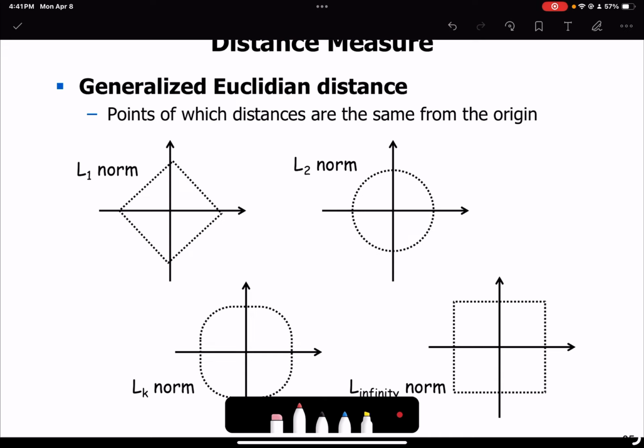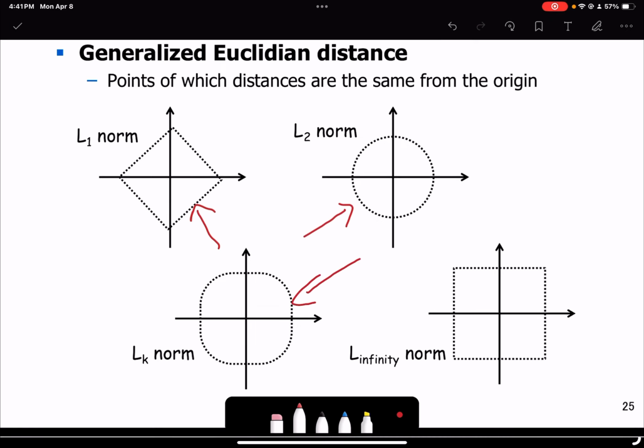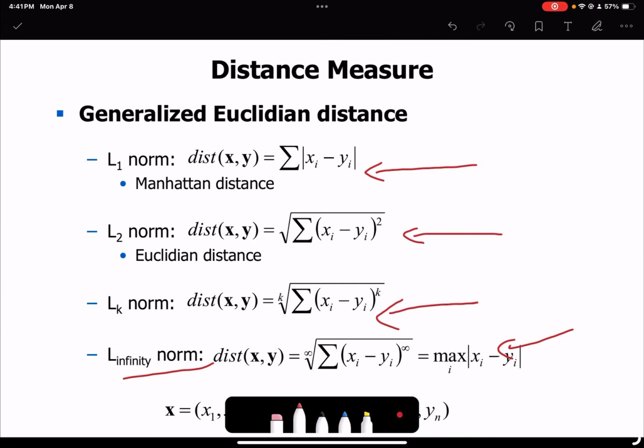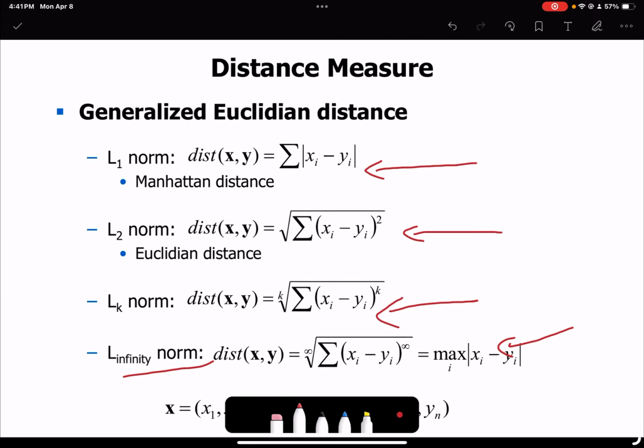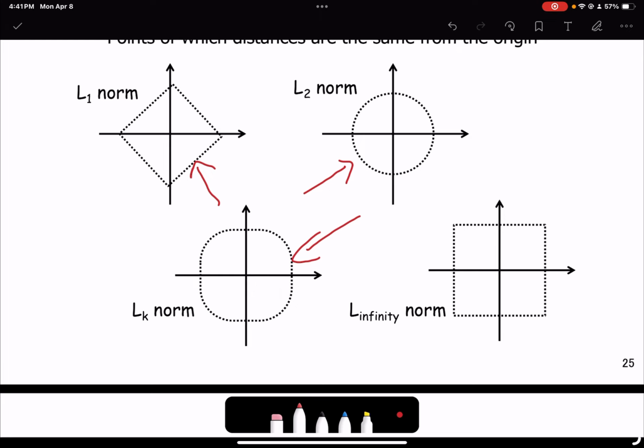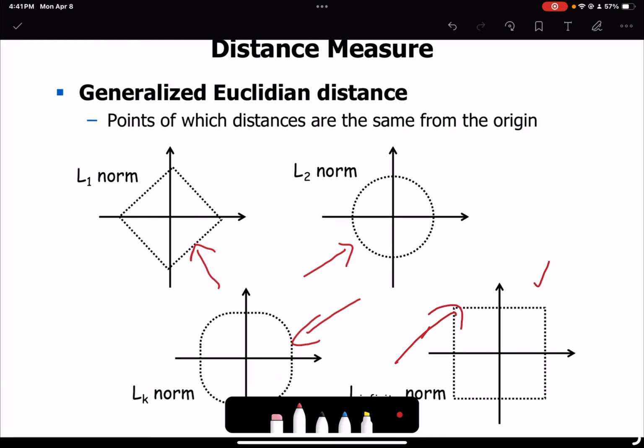The L2 norm and L1 norm can be represented in this form. If we take the L2 norm, its structure changes. The LK norm is in this form, which we have defined here for the Euclidean distance. And then we have the L infinity norm, which is graphically represented in this form.